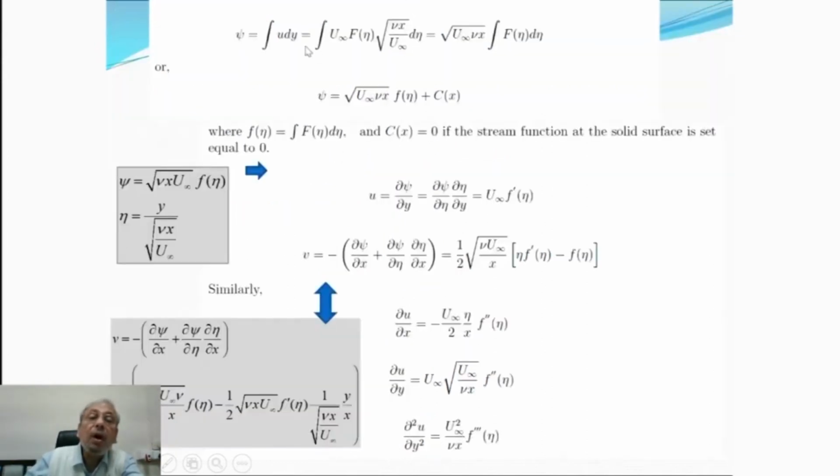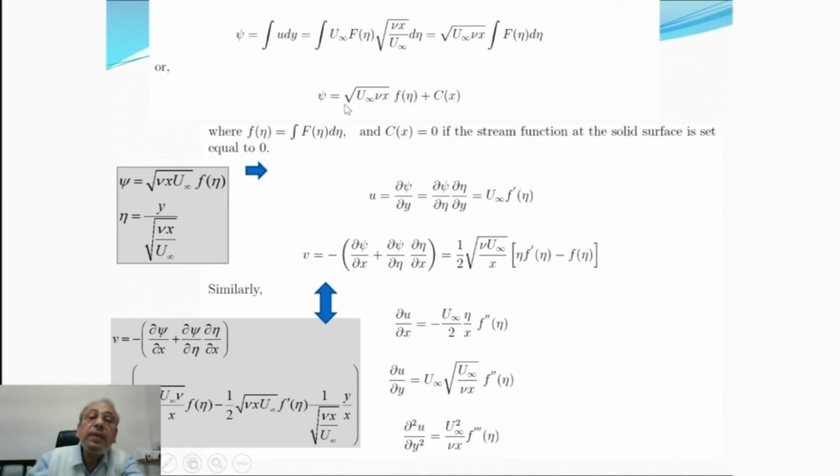So we have written u and dy in terms of u infinity and d eta, and this is simple algebra. It is root over u infinity nu x into the integral of uppercase F of eta d eta. After having integrated, we can write that as lowercase f of eta.